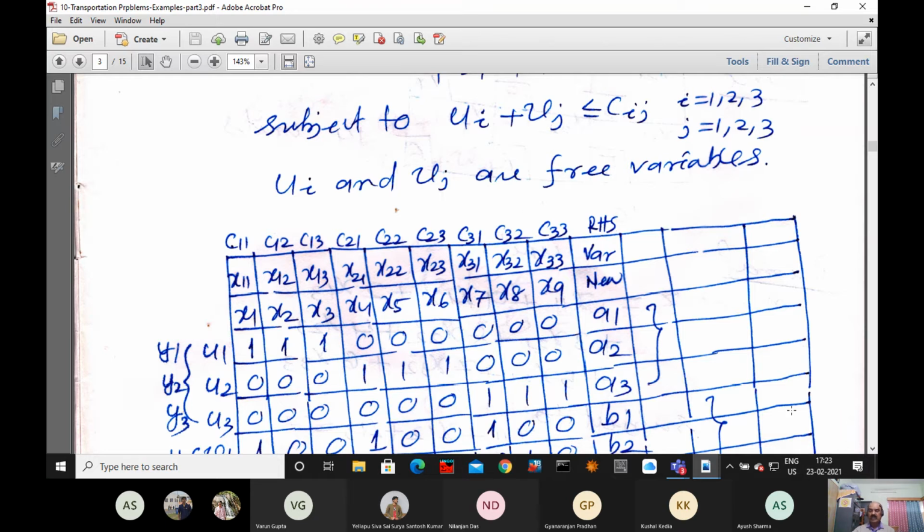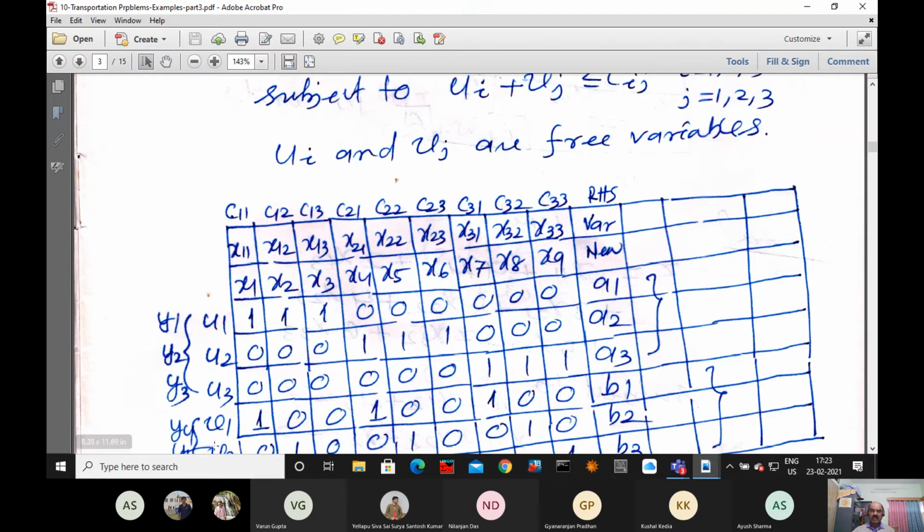In this manner we are writing: x11 equal to x1, x21 equal to x4, then x31 equal to x7, their sum equal to b1.